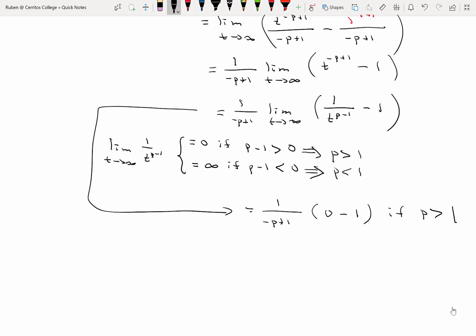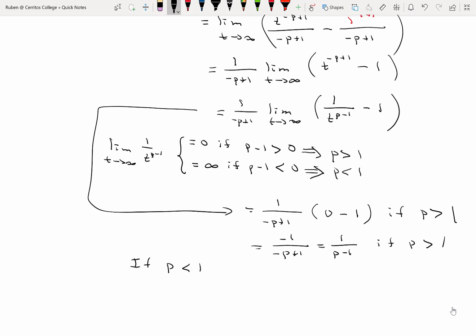Remember, if p is greater than 1, the limit of 1 over t to the p minus 1 will equal 0, and we'll get this integral converging then to -1 over negative p plus 1, or 1 over p minus 1, if p is greater than 1.